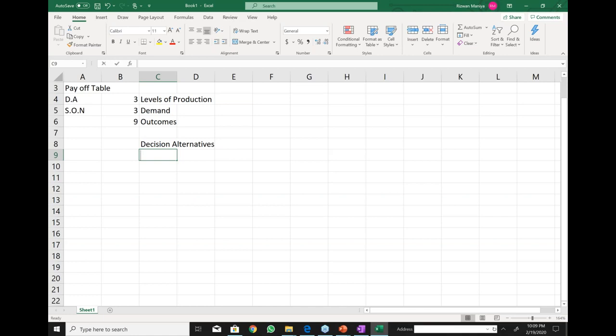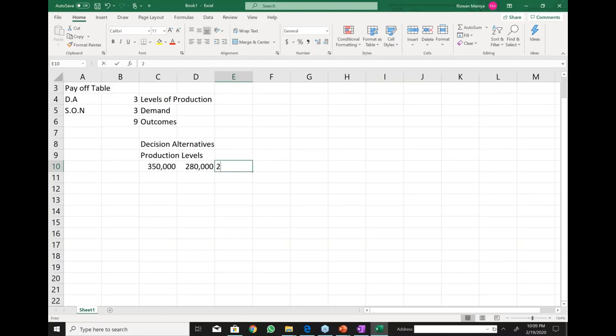And what is the decision alternative here? The production levels. So either we can produce 350,000 bags, or we can produce 280,000 bags, or we can produce 200,000 bags, because we need to match.